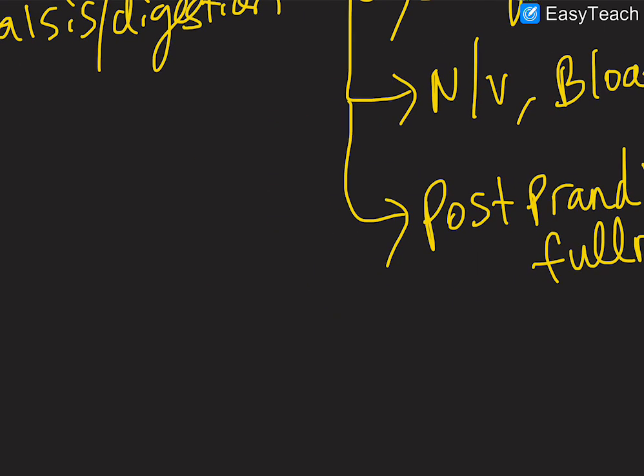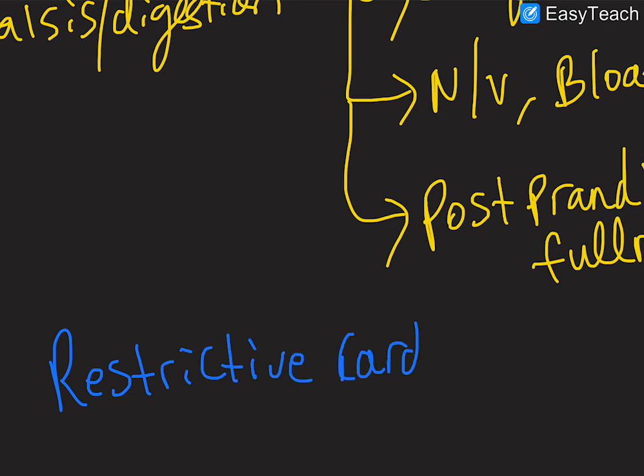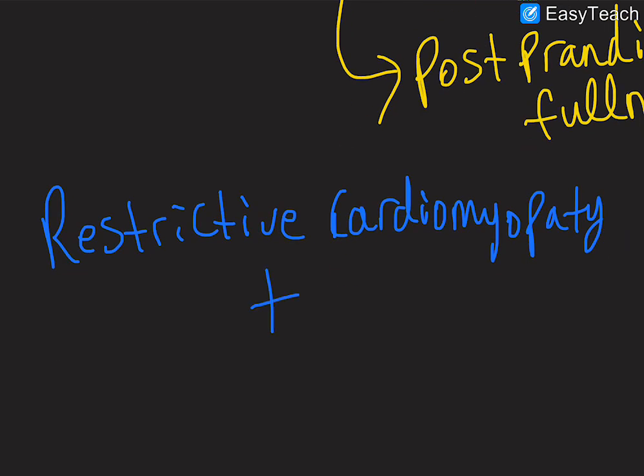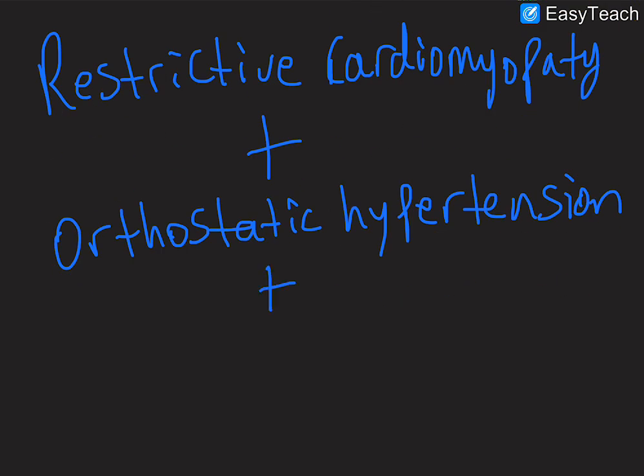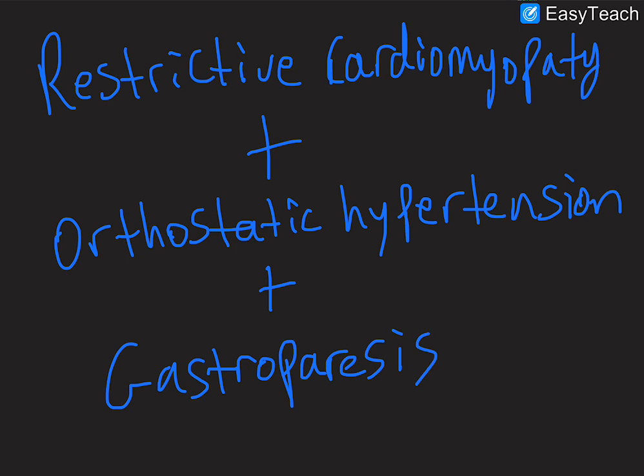So if you see restrictive cardiomyopathy, plus orthostatic hypotension, as we talked about, and you see gastroparesis, those findings are really important to keep in your mind.